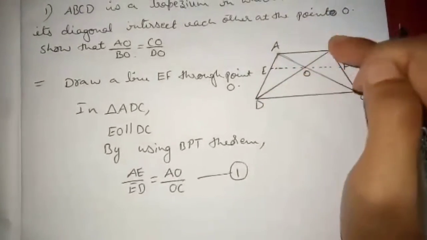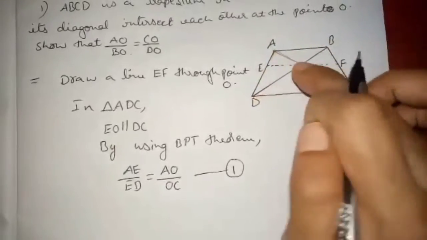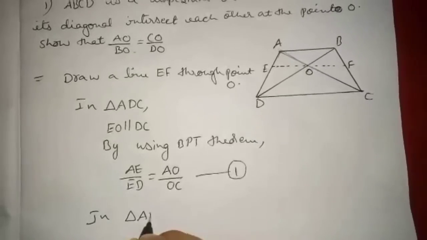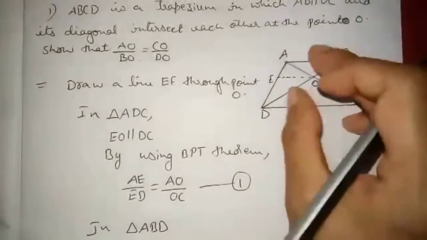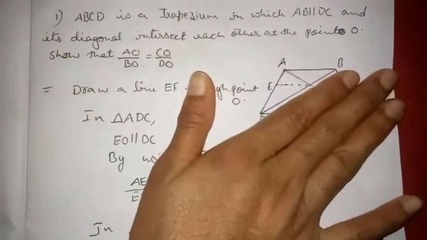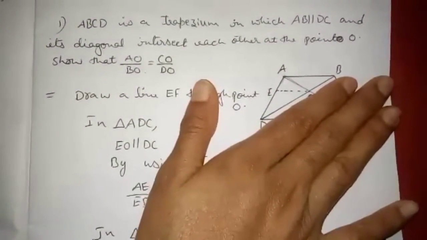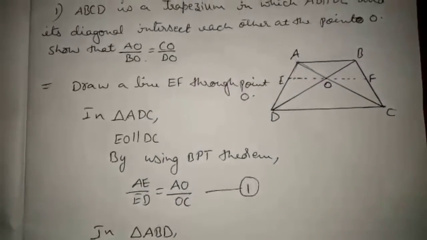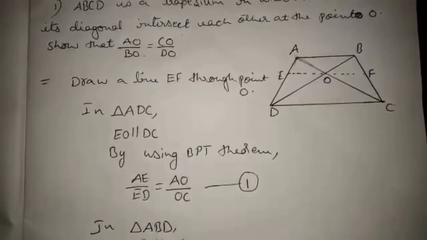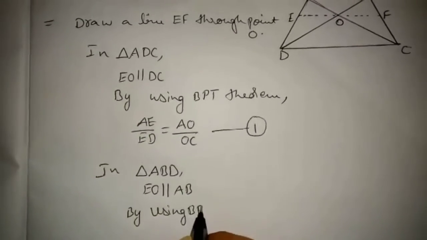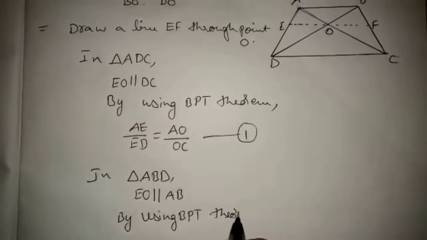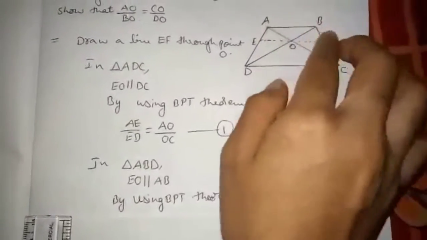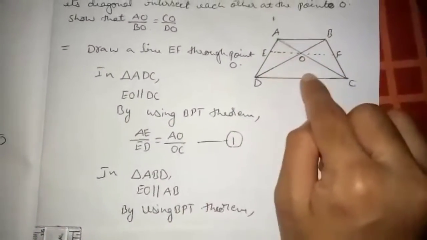Then we'll take the upper one, triangle ABD. In triangle ABD, ignore the rest, only this triangle. EO is parallel to AB, right? So in the same way, by using the BPT theorem, in triangle ABD, EO is parallel to AB.